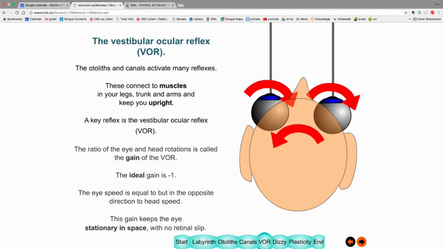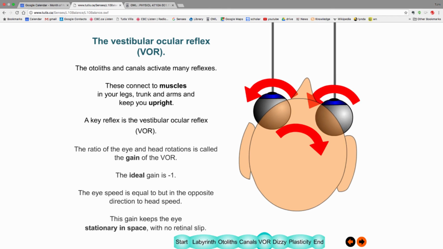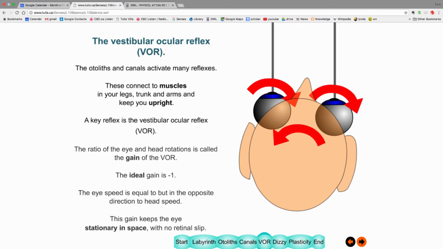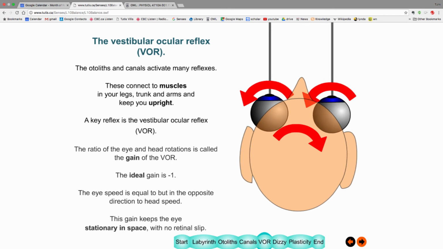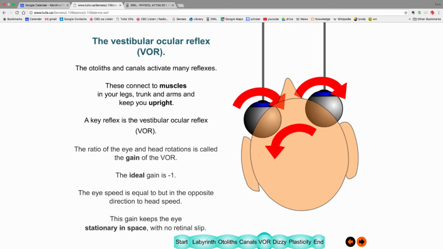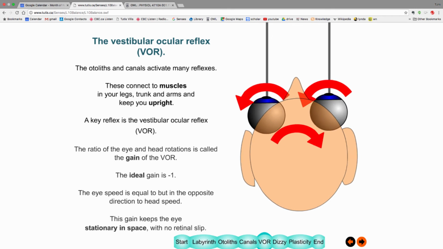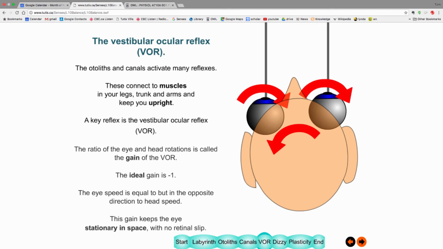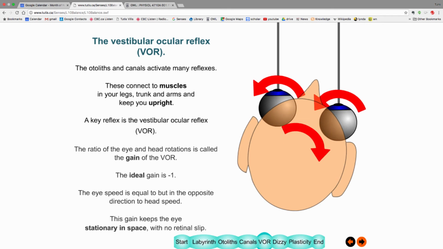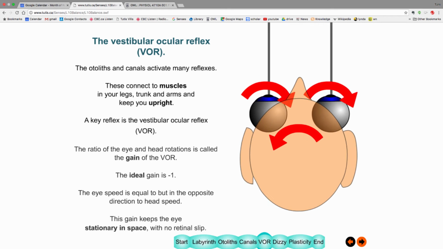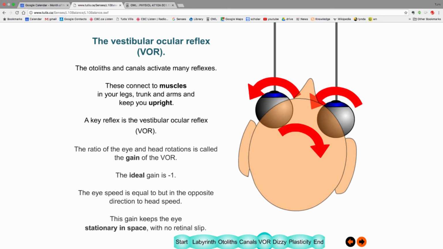And the ideal ratio of how much the head is turning to how much the eye is turning is -1. So if the head turns to the right, the eye has to turn equally to the left. And if it does so, the two movements cancel, and the eye is stable in space.